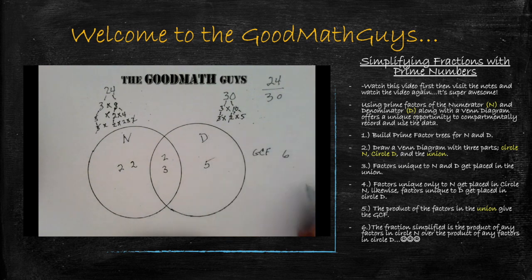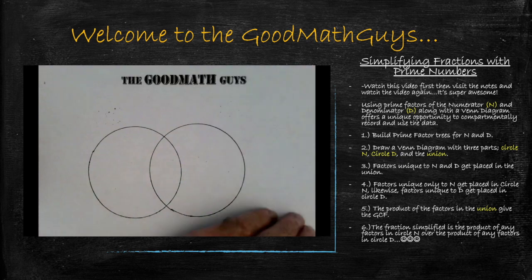Only thing left for denominator is 5. Over here we've got 2 2's, so we're going to multiply them together. 2 times 2 is 4. Therefore, 24/30 simplifies to 4/5. Pretty cool. And the kids love drawing the Venn diagram, so this is a cool method for them to learn.